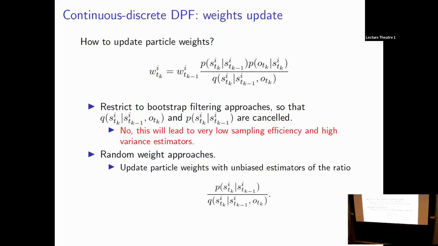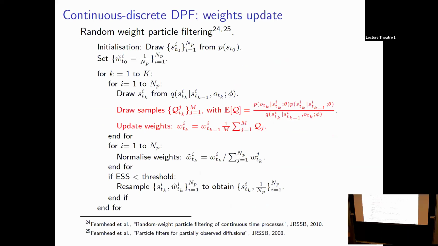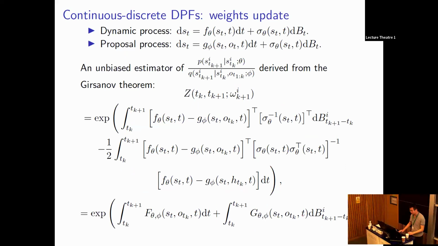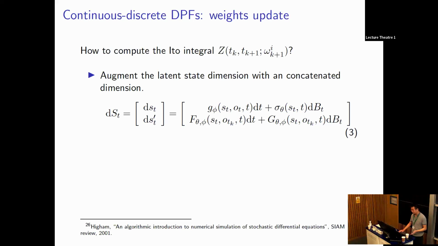So we use this random weight approach, and everything is similar to the standard particle filter, except that we compute this Q. This Q is a random variable whose expectation is the same as the incremental importance weight. And how can we do that? Well, we can use a Gaussian theorem to compute this. It's a little bit complicated, but it is doable, and it is still a very early exploration.